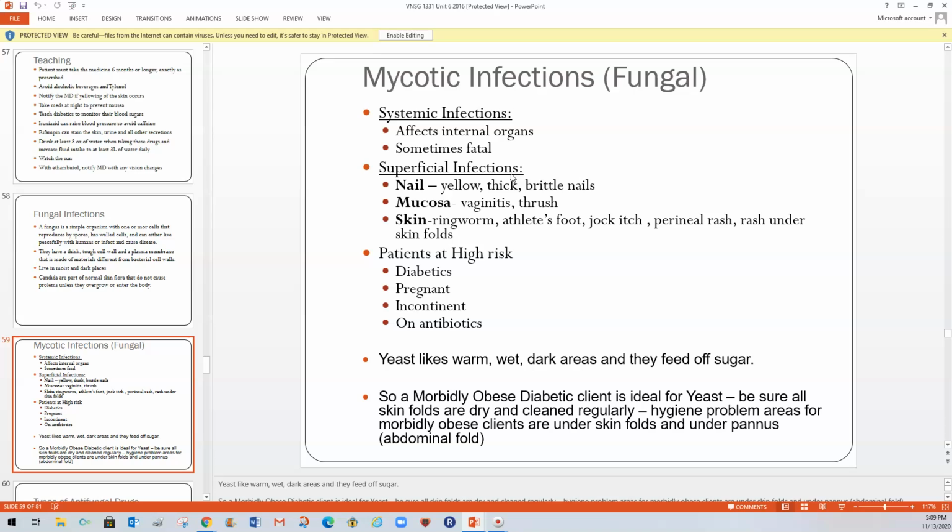That's why you see athlete's foot, jock itch, perineal rash, rash under the skin folds, vaginitis, thrush. So a morbidly obese diabetic client is ideal for a yeast infection. Be sure all skin folds are dry and cleaned regularly. Hygiene for obese patients is under skin folds and the abdominal fold.